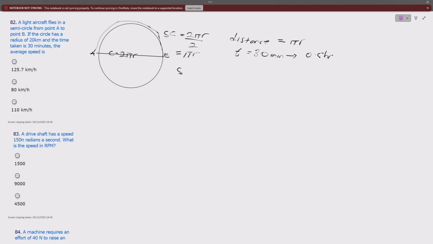But speed equals distance over time. So the distance will give us 20 pi, because the radius is 20 kilometers, 20 pi kilometers divided by 0.5.